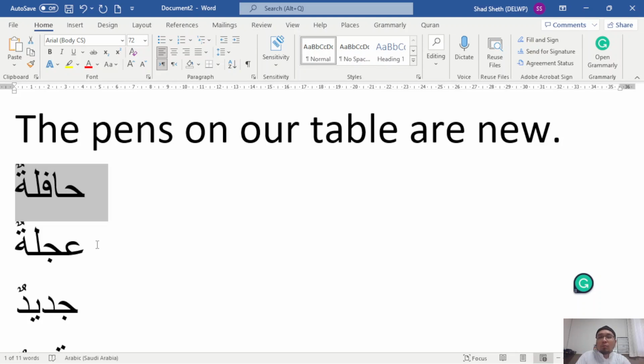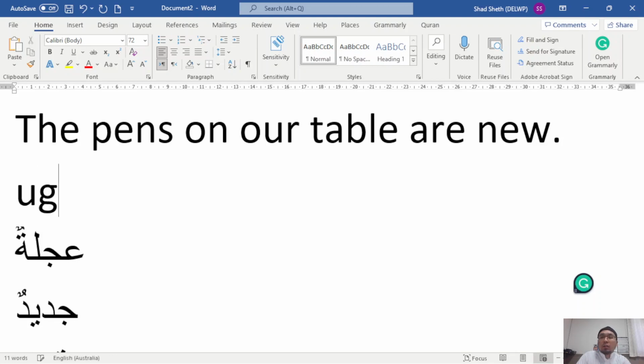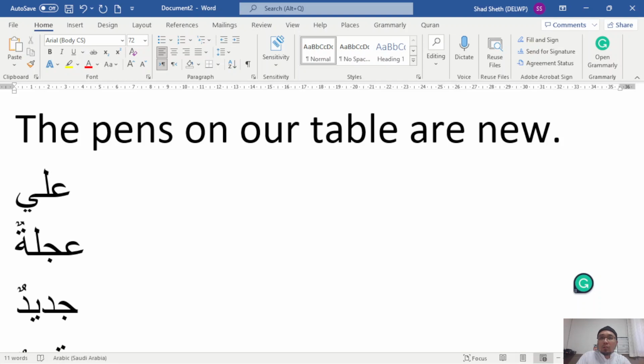So the pens, aqlamun, we are saying the pens, so al aqlamu. Then ala: maktabun becomes maktabi because of ala, and then the missing bit is our, maktabina.